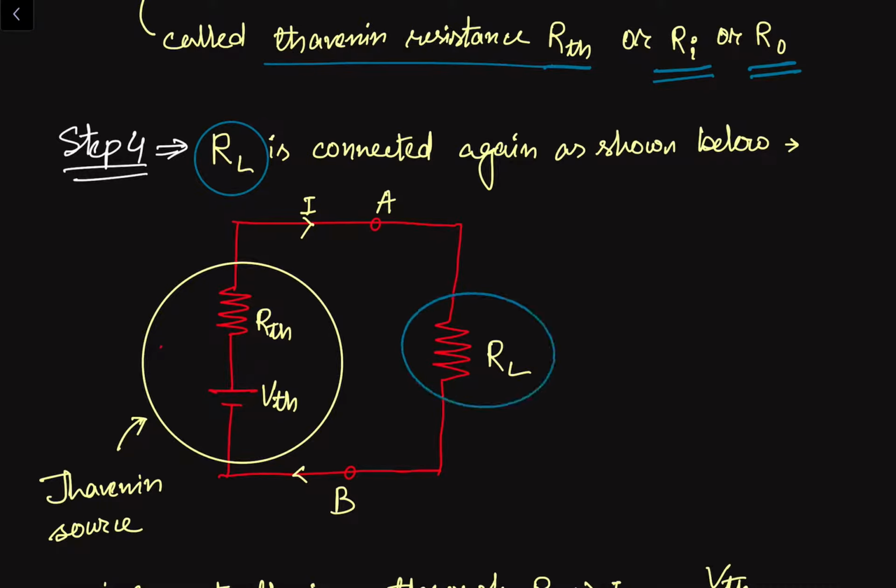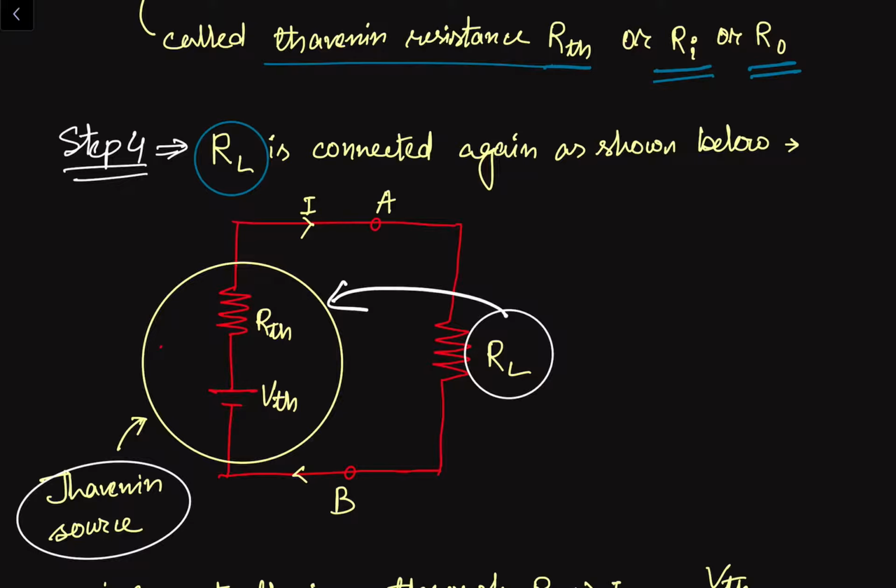After finding out the VTH value and RTH value, they will be connected in series, and these will be connected to the load resistance in series. Now the load resistance is connected to this Thevenin equivalent source. This Thevenin equivalent source is nothing but a voltage in series with the equivalent resistance of the circuit, as seen from the load side.